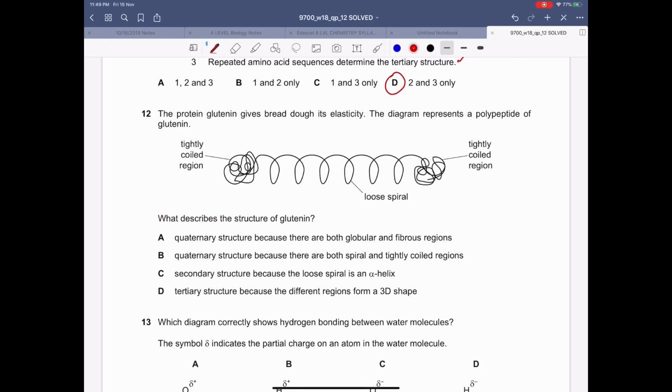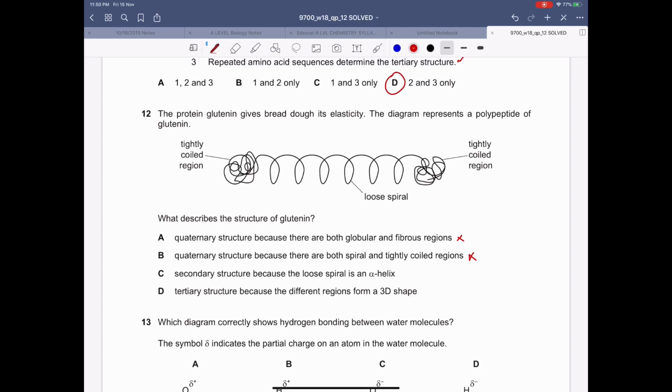Quaternary structure, because there are both globular and fibrous regions. Now as we can see, this is not a quaternary structure because there are not more than 2 polypeptides present, so we will just cross out A and B.